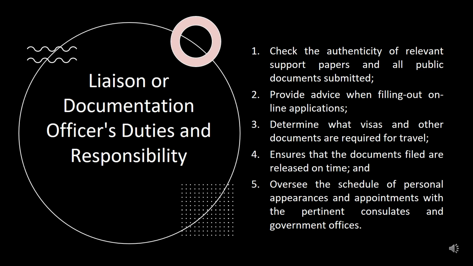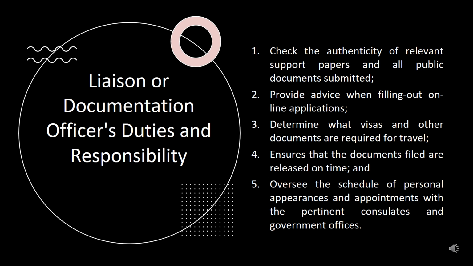It is the responsibility of the liaison or documentation officer to provide advice and assistance for securing these documents, which also includes support documentation such as birth certificates and the authentication of these. The duties and responsibilities of the liaison or documentation officer include the following.